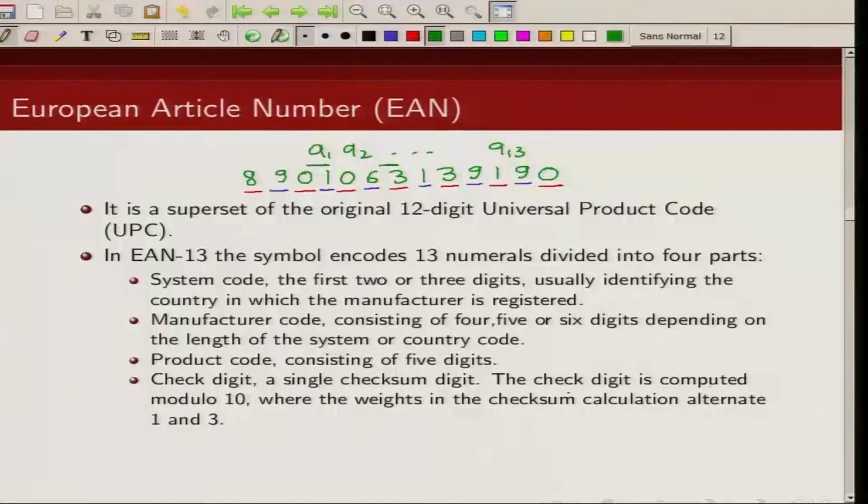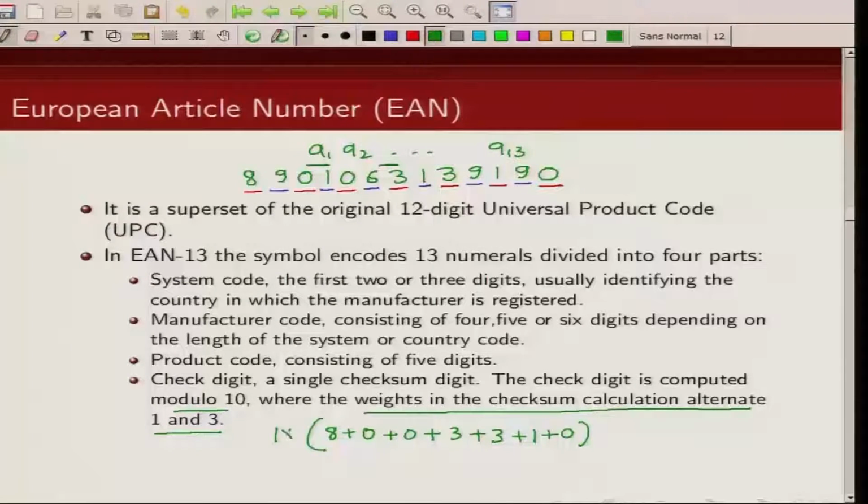So, again the check bit is computed modulo 10, where weights in the checksum calculation alternate between 1 and 3. What do I mean by that? Every odd bit I multiply by 1 and every bit in the even location I multiply by 3. So, let me first add up the numbers in the odd location. So, that is 8 plus 0 plus 0 plus 3 plus 3 plus 1 plus 0.